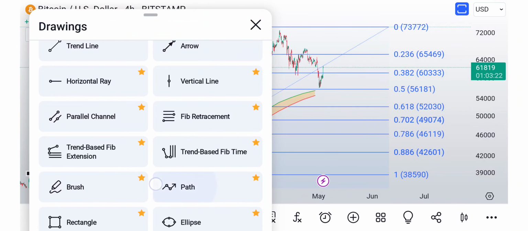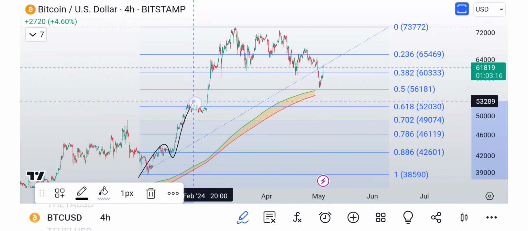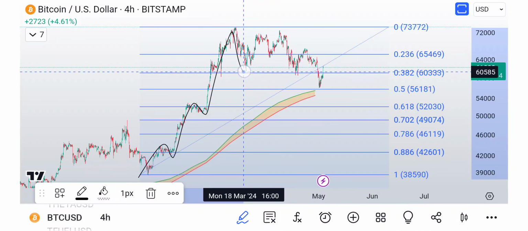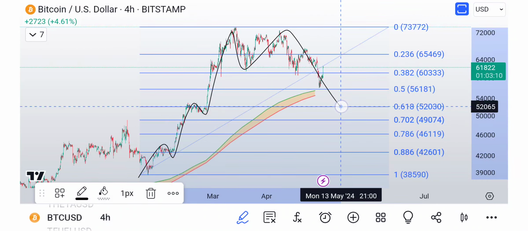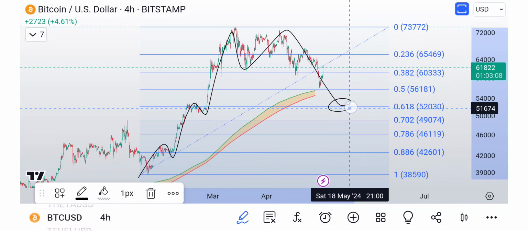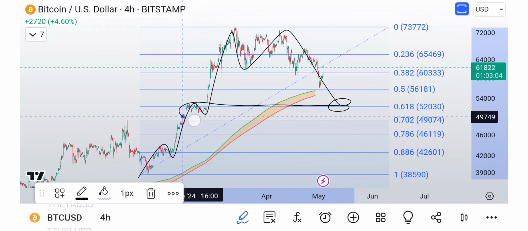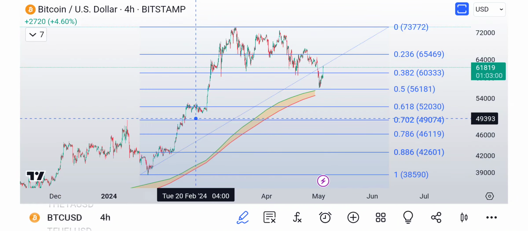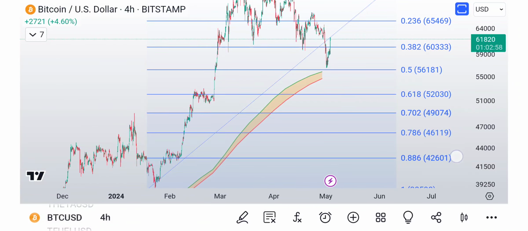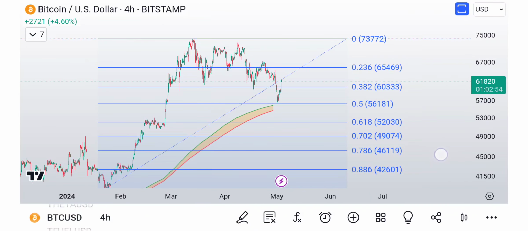So we had 1, 2, 3, 4, 5, A, B, C, and then we get down here to the 618 around 52K, which would be back testing these order blocks over here. So if that's the case, then it would actually look pretty good.